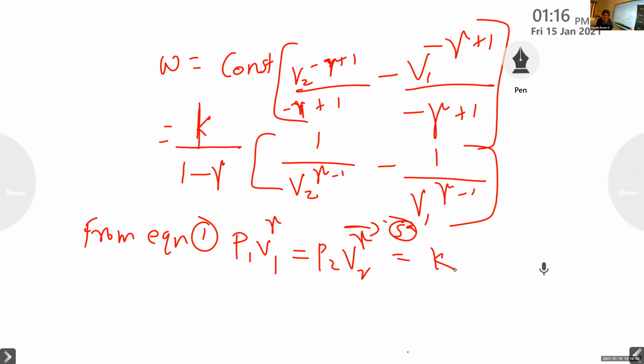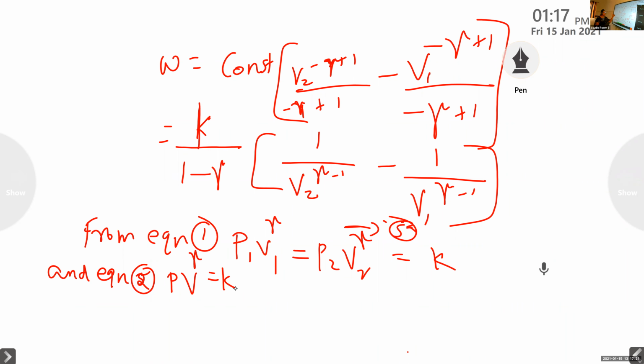Therefore, this constant we substitute here. In terms of V2, we will write P2 V2 gamma, and in terms of V1 gamma minus 1, you will write P1 V1 gamma. So from equation 1, P1 V1 gamma is equal to P2 V2 gamma is a constant, and from equation 2, we have PV gamma is a constant.